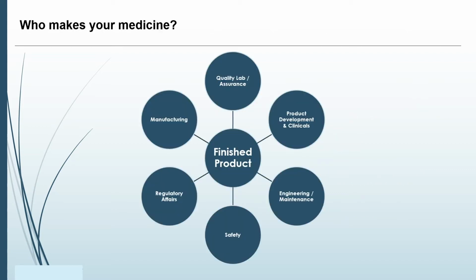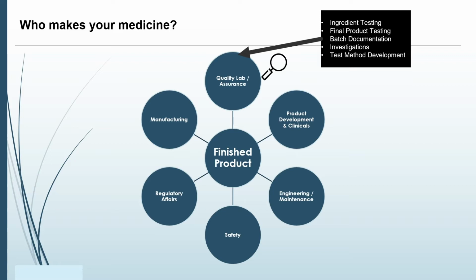In any manufacturing environment, it takes an entire team working together to produce a tablet that is both high quality and safe to make. Let's briefly go through the role of each of the departments listed here. The quality lab group is responsible for testing all ingredients prior to them being used in manufacturing and the finished product at the end of manufacturing to ensure they meet all tests on the specification.